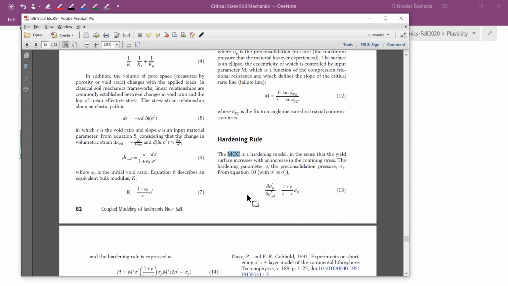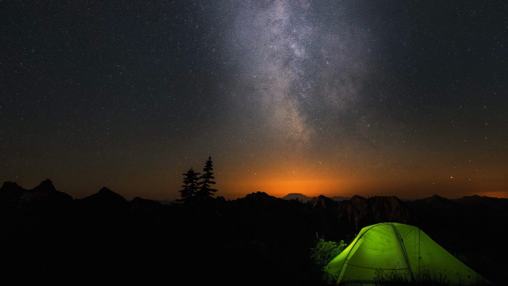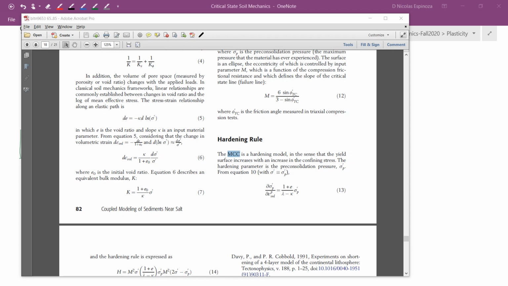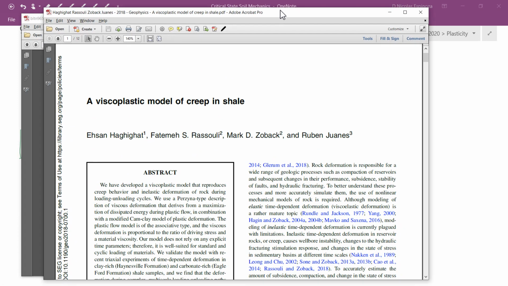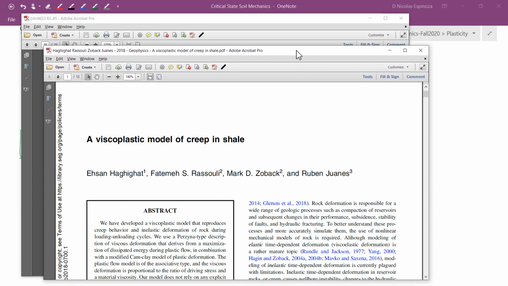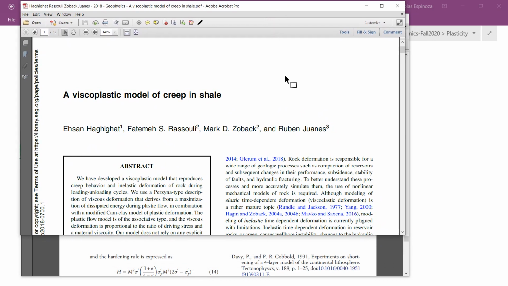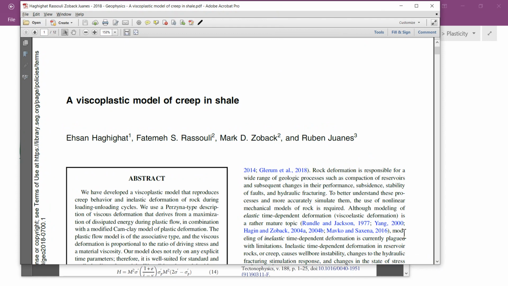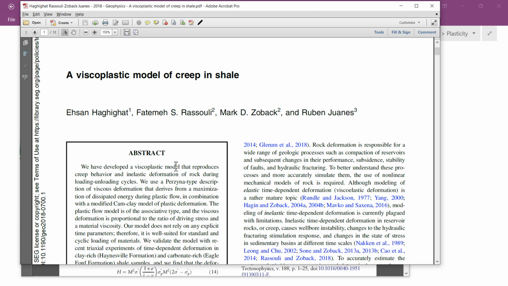So you can use this type of model for soft sediments, but also you can use it for very well cemented rocks. And I wanted to highlight here another paper that also uses an alternative version or a branch of the modified Cam-Clay model in order to predict viscoplastic deformation in shale.